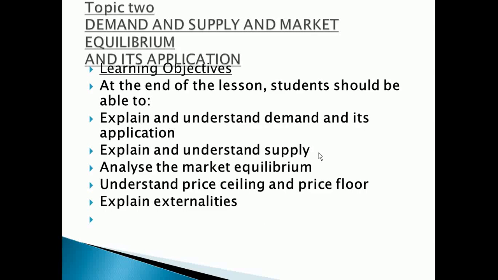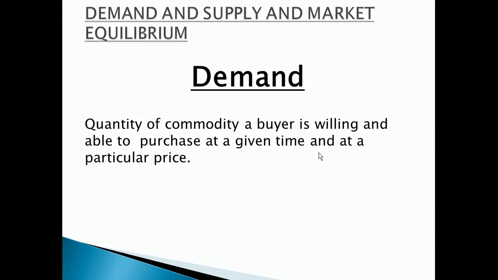By implication, an individual must be ready to buy the product, and at the same time must be able. The ability to purchase the product focuses on purchasing power. That means such an individual must have the income or the money that will help when it comes to purchasing that product.